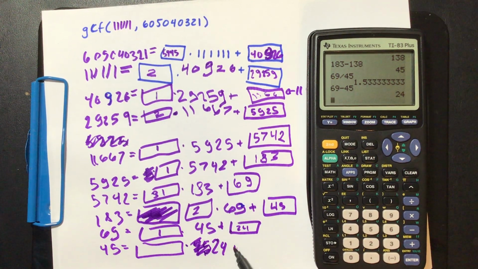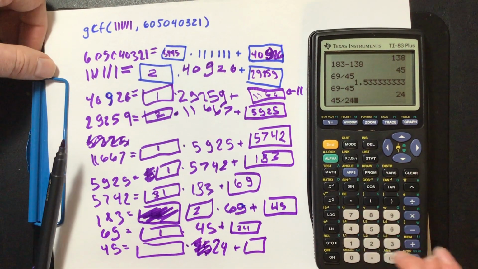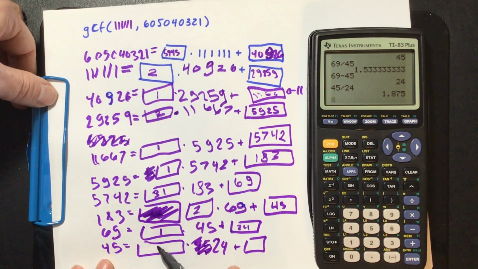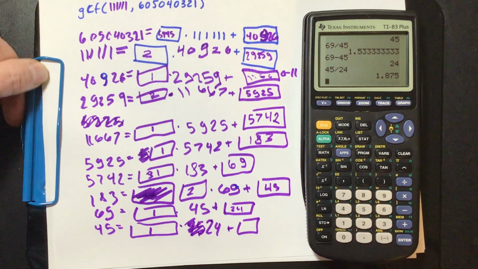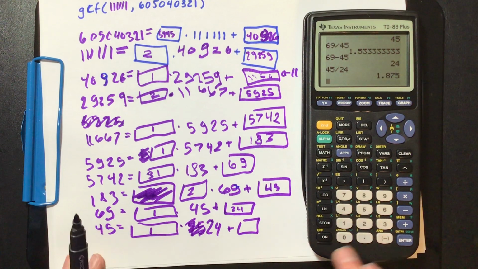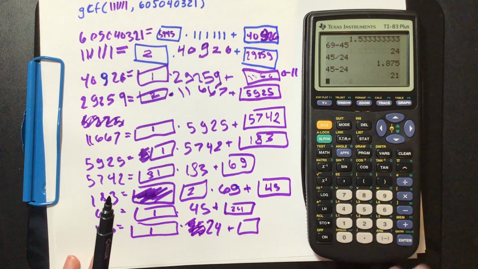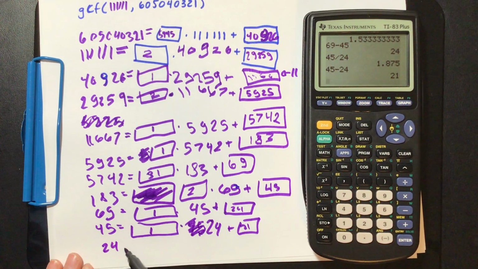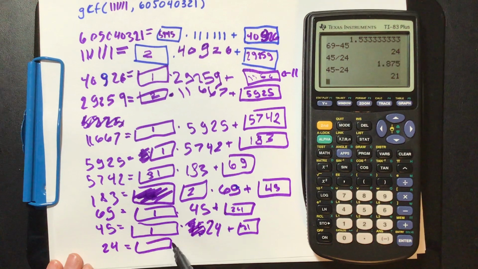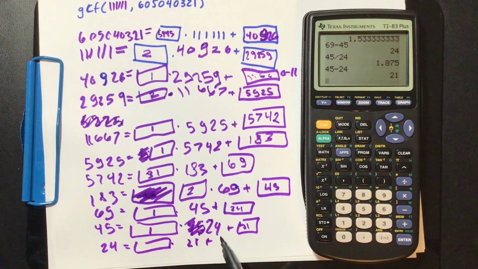Okay. Plus the remainder. But our decimal place has gotten smaller. Okay. 45 minus 24. 21. Okay.